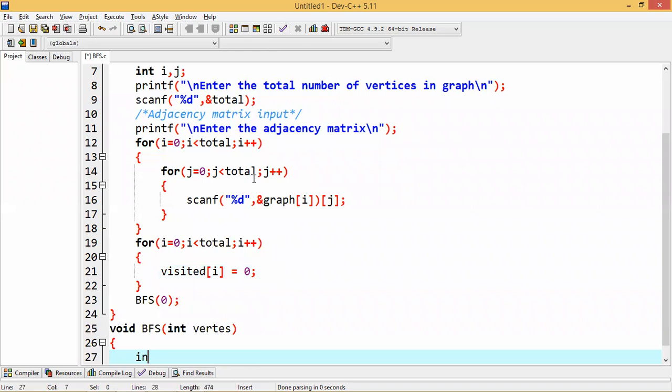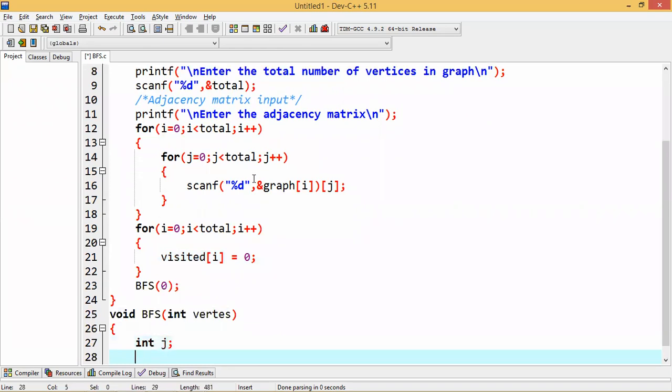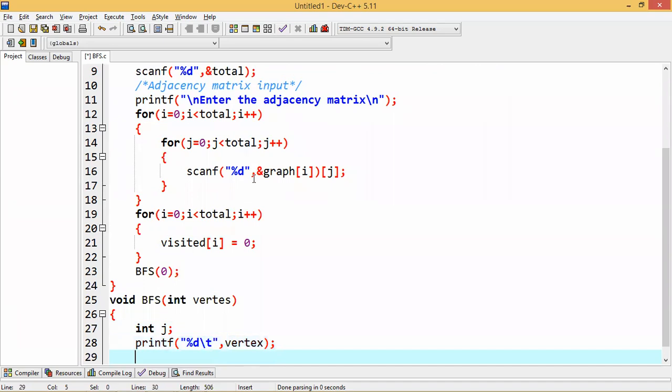The first thing I will do is print that particular vertex first, because that is the vertex from which I'll start my journey. So first of all, I need to print that one. I printed the vertex 0 first because I'm starting my journey from that.